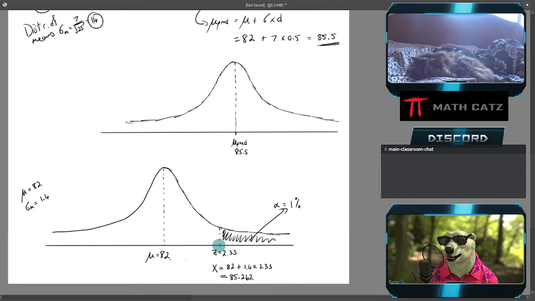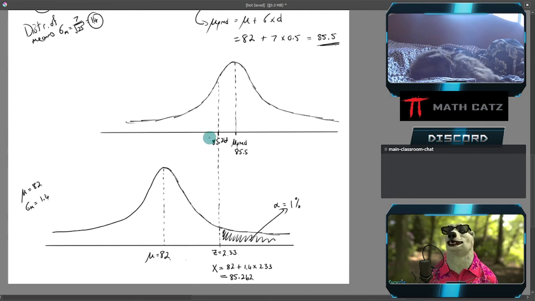So now, what does my 85.26 actually mean in reality? Well, if I follow it all the way up, it sits over here, 85.262. Follow it all the way up. So now let's say this again.